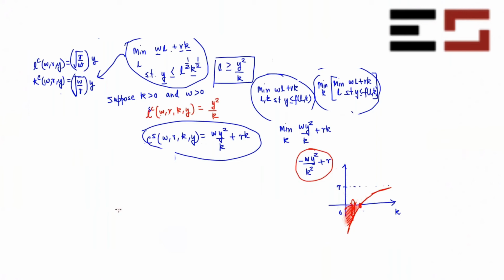Have you all understood this? So where is the cost minimum? Cost is minimum where this quantity is equal to 0. That's something that we get from this graph, and this will give you exactly this solution. So just solve it and check that this is what you get.